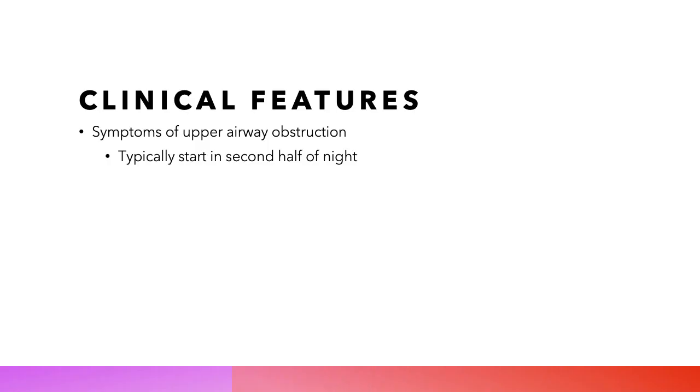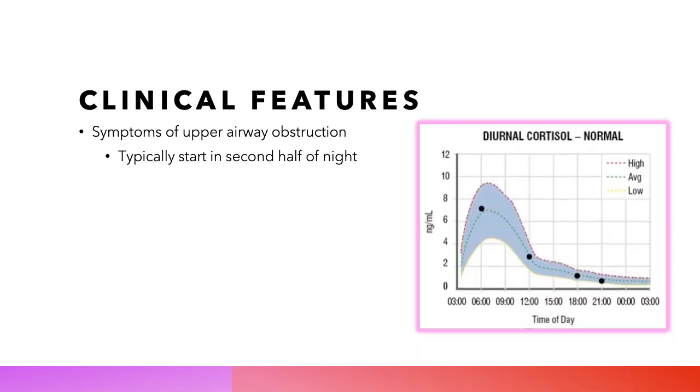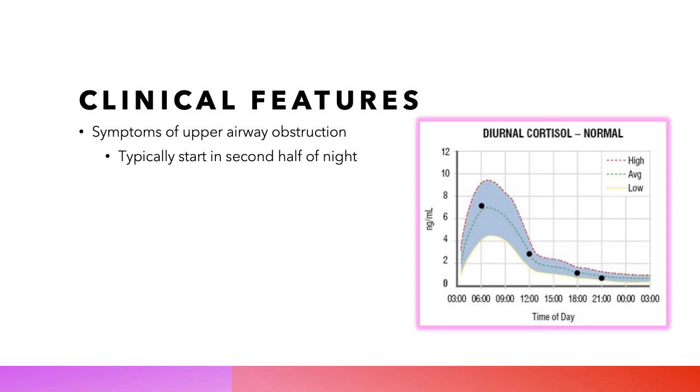Symptoms of upper airway obstruction typically start in the second half of the night. And why is it so? Because there is a diurnal variation in the level of endogenous corticosteroids in our body. The level of steroids is highest between 6 to 8 am, and then as the day progresses it gradually decreases and reaches its lowest point, and between 12 o'clock and 3 o'clock it remains at its lowest point and then again starts rising.